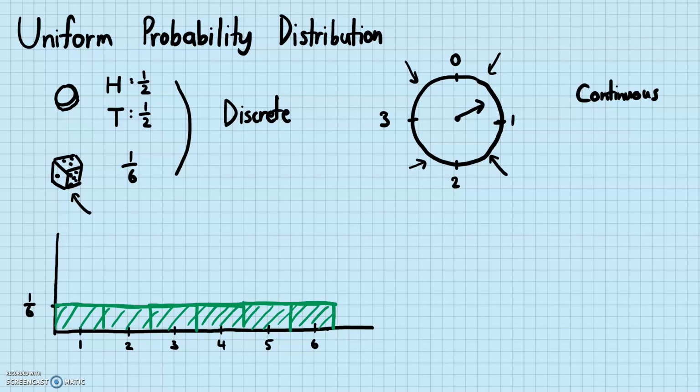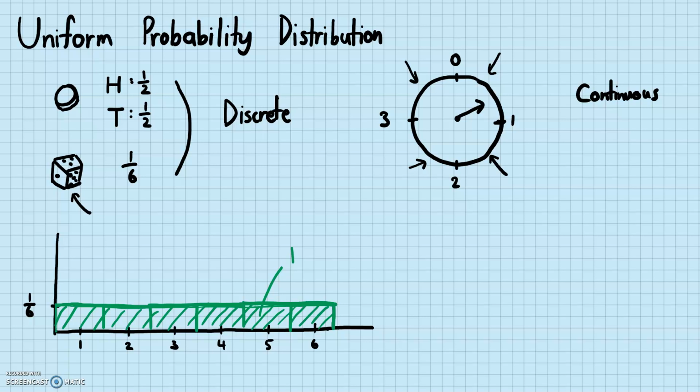And once you draw the graph, you can check if you have done this correctly. One way to check that is that the area under the rectangle that we have drawn should be 1. The area under all of these should be 1.